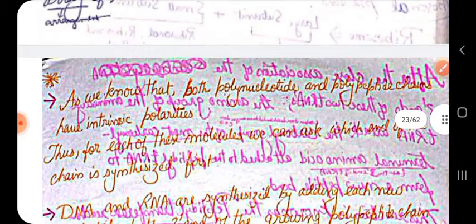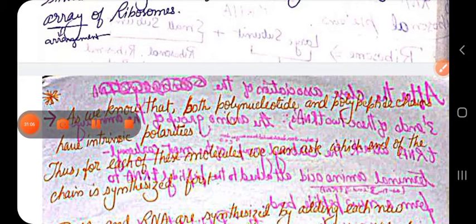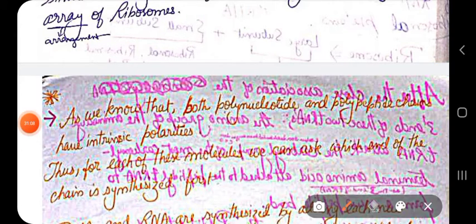Next, let us try to go one by one. As we know that both polynucleotide and polypeptide chains have intrinsic polarities.